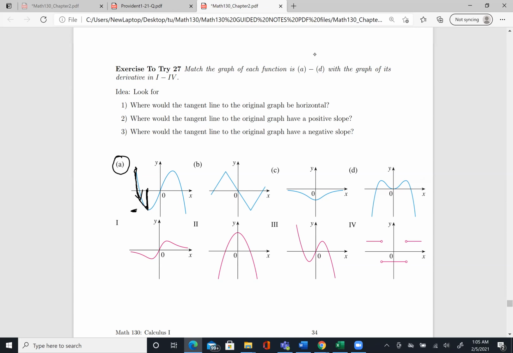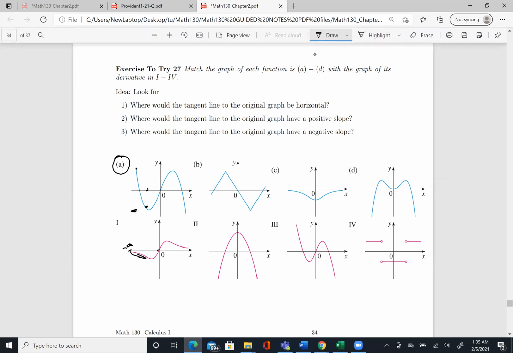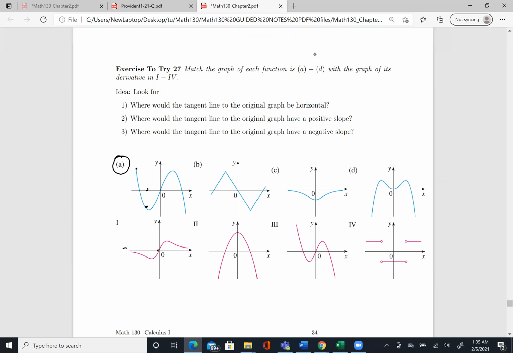So something like that. You're going to look for something that's just negative. It looks like this one has negative, but from negative infinity to 0, so it's not this one. Okay, something like that, right? So I will let you guys try this one and see what happens.